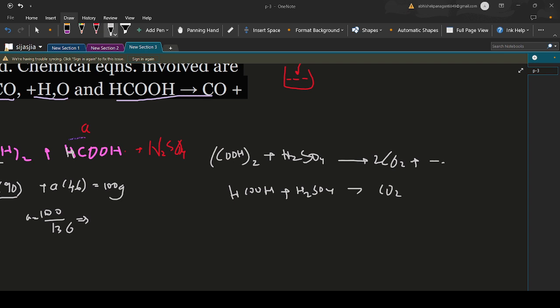Now, wait, let me just cross check this reaction. HCOOH plus H2SO4.